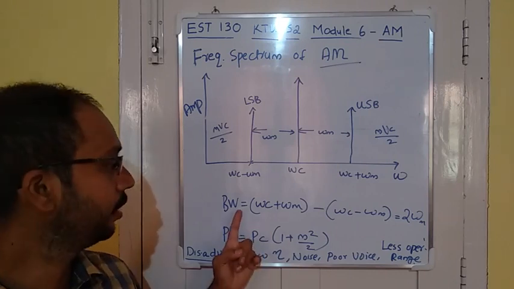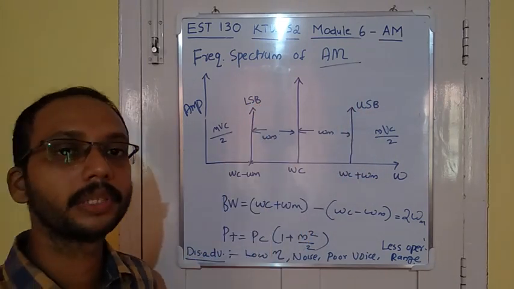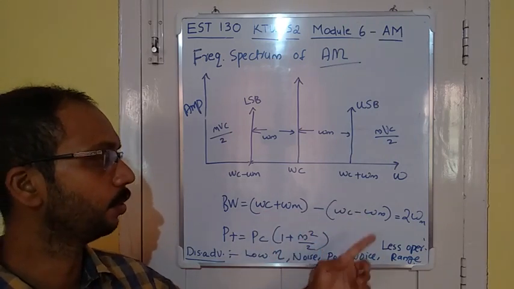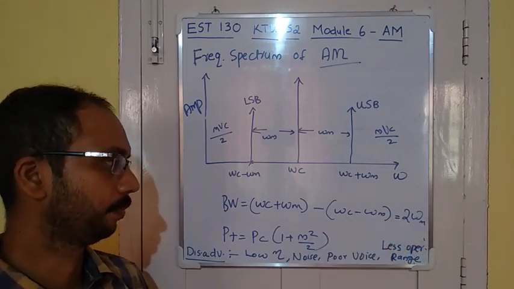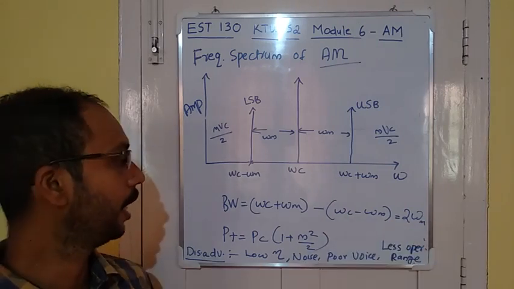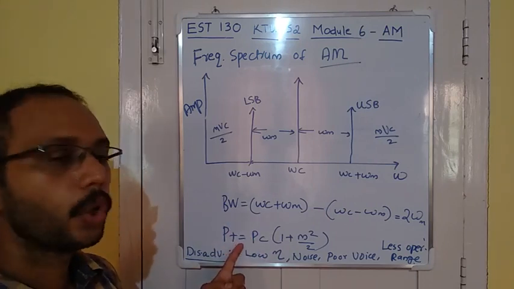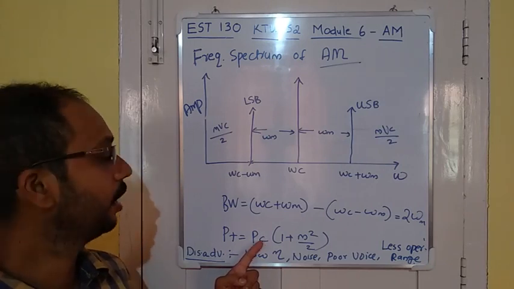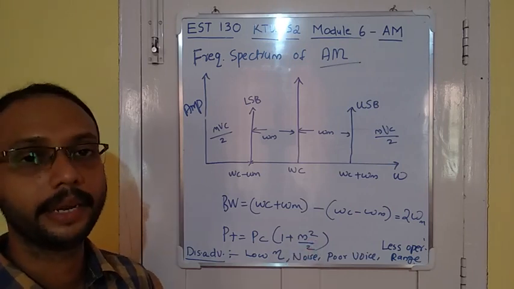Likewise, bandwidth is equal to upper sideband minus lower sideband. So omega c plus omega m minus omega c minus omega m, and that is equal to 2 omega m. So this 2 omega m is the bandwidth of this AM signal, and the total power Pt is equal to Pc, the carrier power, into 1 plus m square by 2, where m is the modulation index.